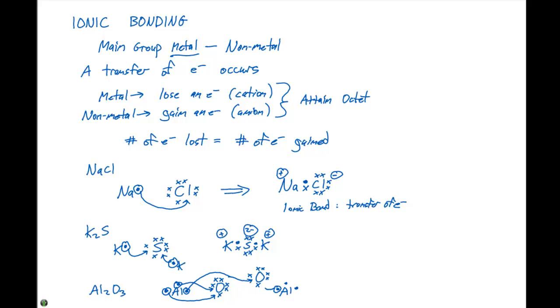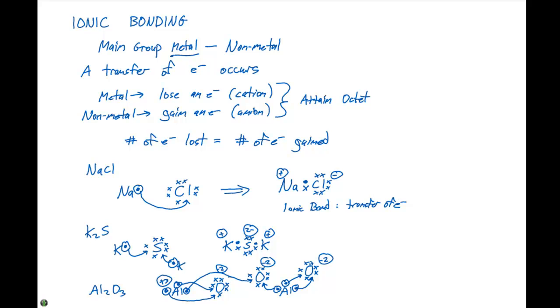This 1 electron from aluminum can then fill the oxygen octet on the second oxygen, but we now have 2 valence electrons on the aluminum that need to be filled in an octet, and to do that we need 1 more oxygen, so everything gets its octet here. And in this process, when the electrons are transferred, the aluminum will have a +3 charge and each oxygen has a -2 charge.